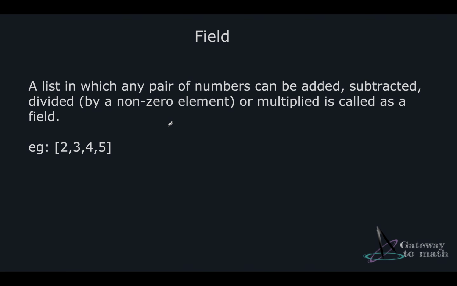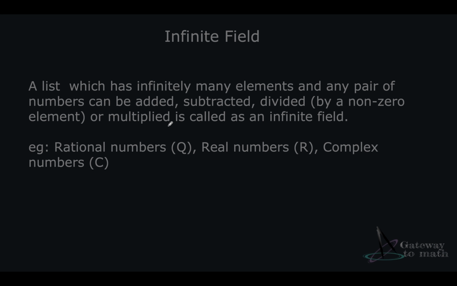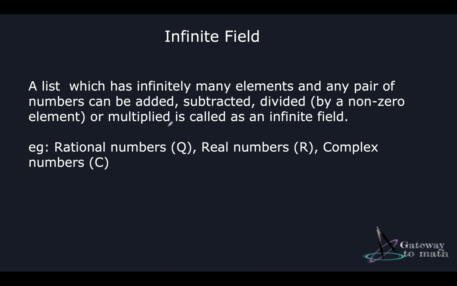Now fields can be of two types again. You can either have an infinite field or a finite field. An infinite field, as the name indicates, is a field which has infinitely many elements. You can divide, subtract, multiply, add any set of numbers in the list. Examples are rational numbers, real numbers, complex numbers, because the numbers extend until infinity.